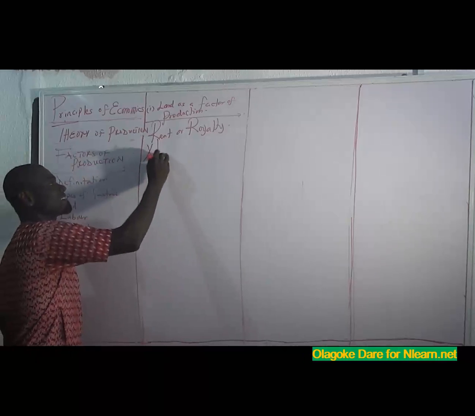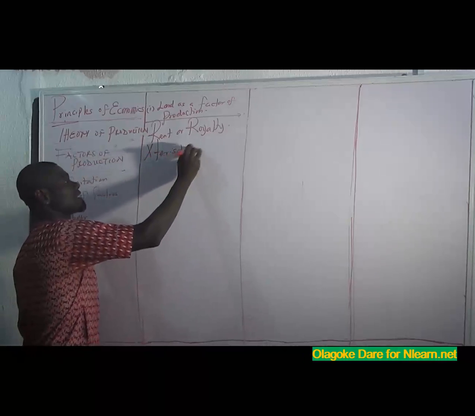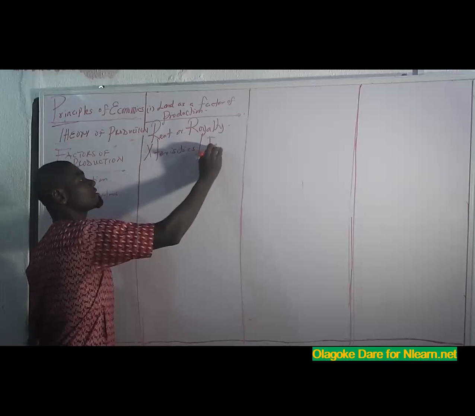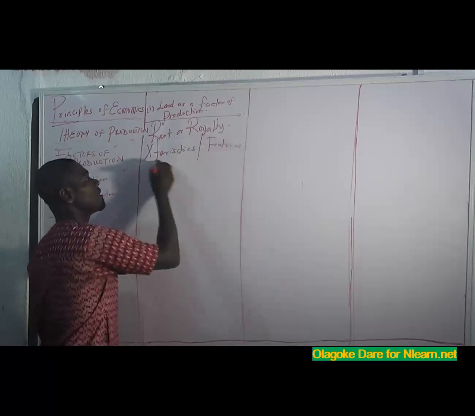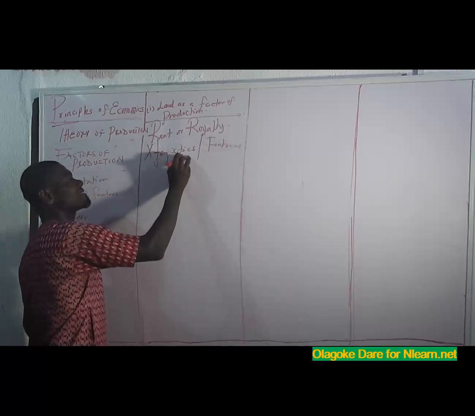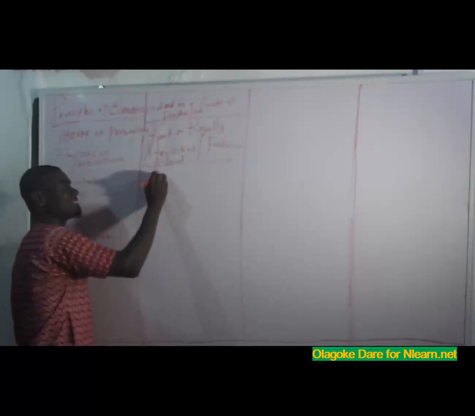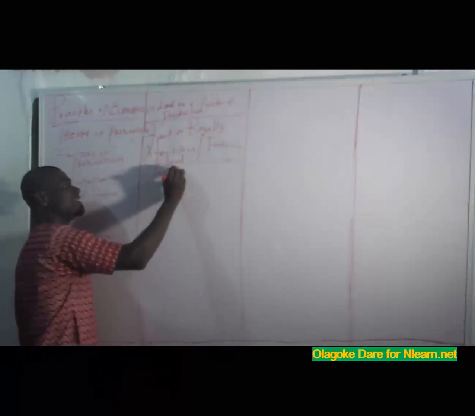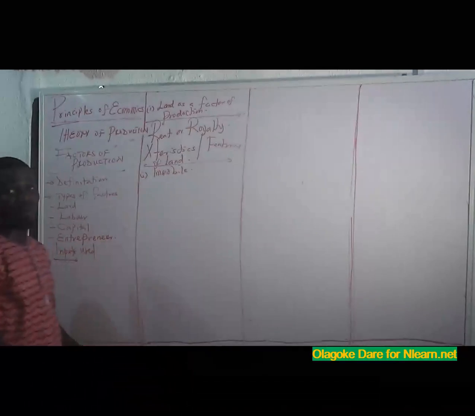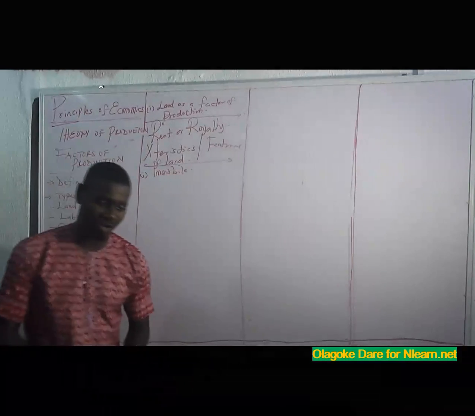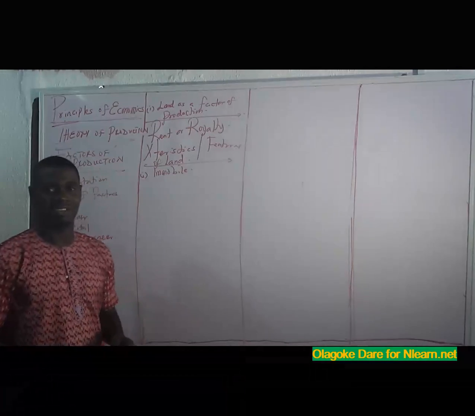What are the characteristics or features of land as a factor of production? The unique one is that it is immobile. Land is immobile. You cannot move land from one place to another. It is fixed. You can't move it.